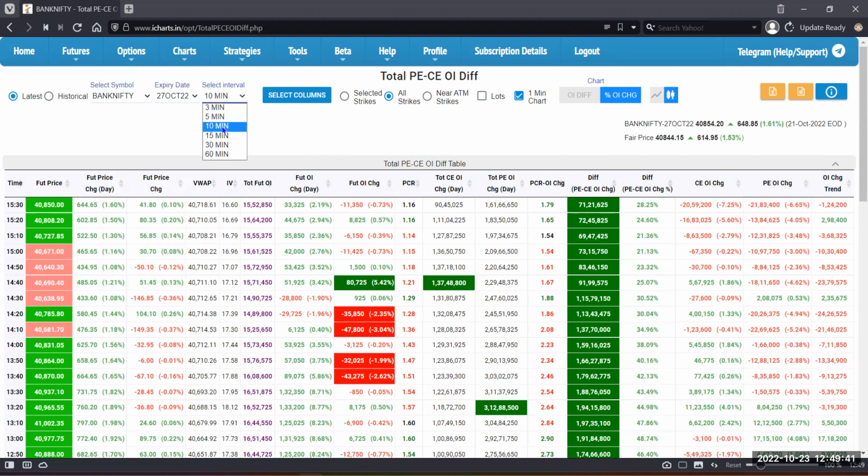I generally suggest, I wouldn't say advise, I would suggest a 10-minute interval because there would be about 3 OI updates in it. The OI updates every 3 minutes. So 3 updates would be there. So it would give you some good idea of how much OI has built up or unwinding has happened within those 3 updates.